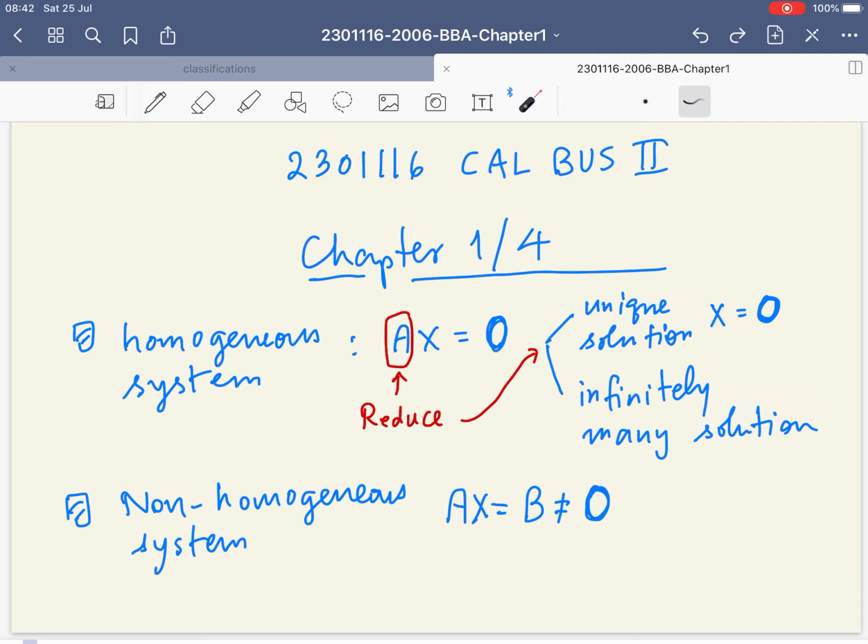But for this clip, we are going back to the non-homogeneous system that we usually encounter more. A non-homogeneous system means that you have the coefficient matrix A multiplied by the variable X equals a constant matrix B, and this B is not the all-zero matrix.